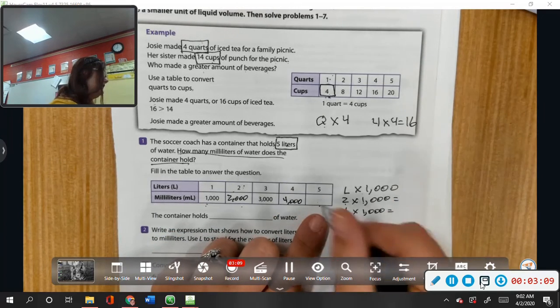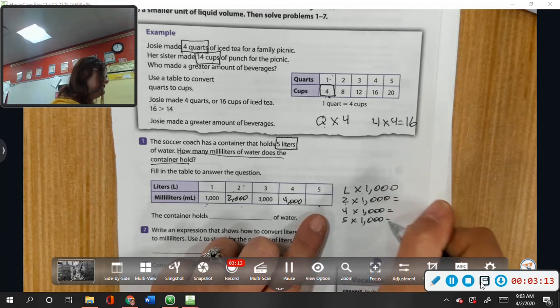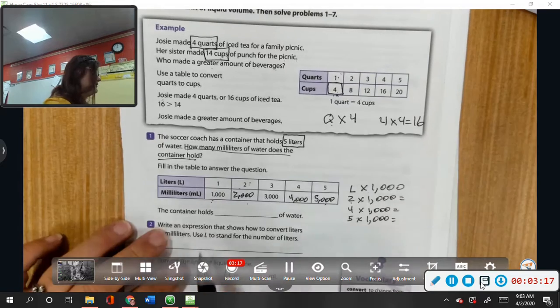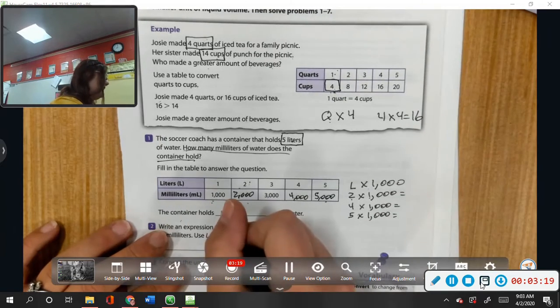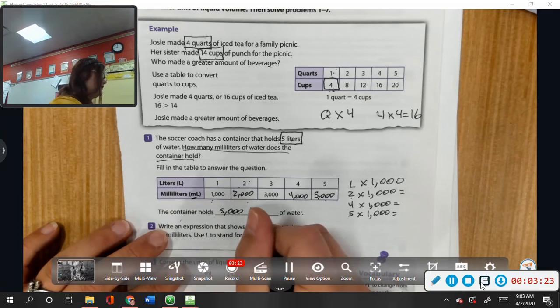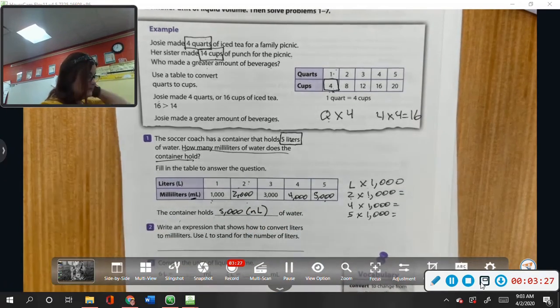And then finally our answer that we're looking for, 5 times 1,000, 5 times 1 is 5, followed by 3 zeros. So the container holds 5,000. Don't forget to put your unit of measurement in there so people know what you are talking about. 5,000 milliliters of water.